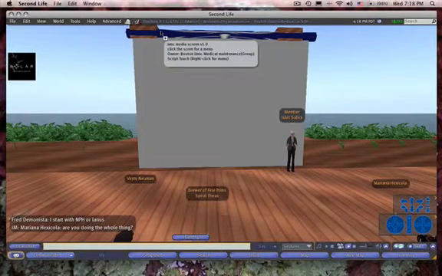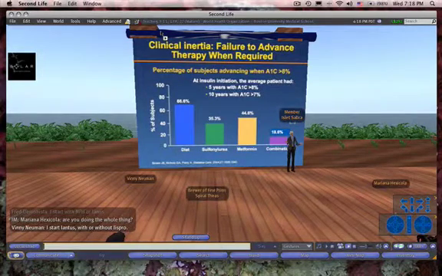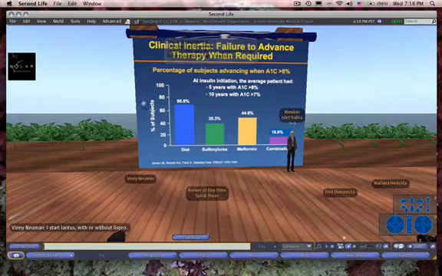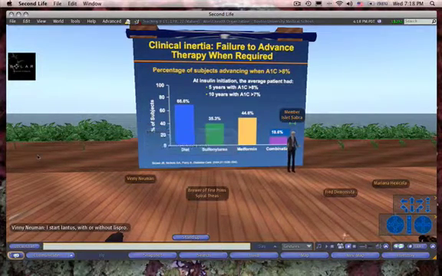So let's talk about clinical inertia on the next slide, which is really sitting tight, failure to advance therapy when it's required. If you look at these statistics, you can see that there's a great reluctance to treat the hemoglobin A1C to target.